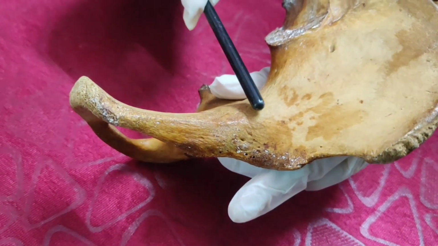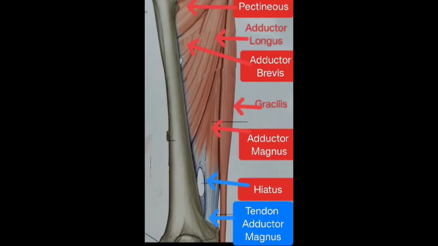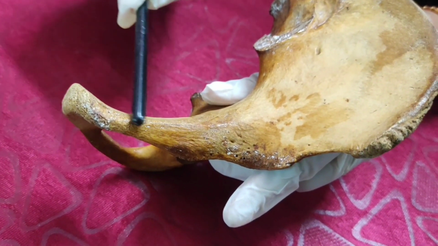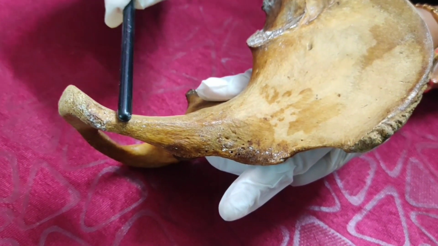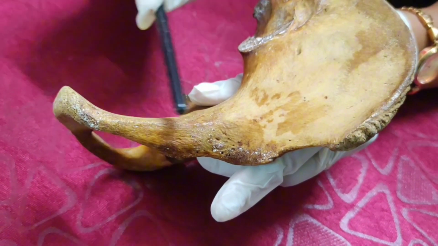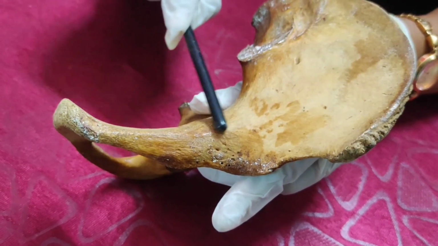It also gives origin to one important muscle, the pectineus muscle, and attachment to the fascia covering the pectineus muscle. In short: pectineal line, pectineus muscle, pectineal fascia, and pectineal ligament.